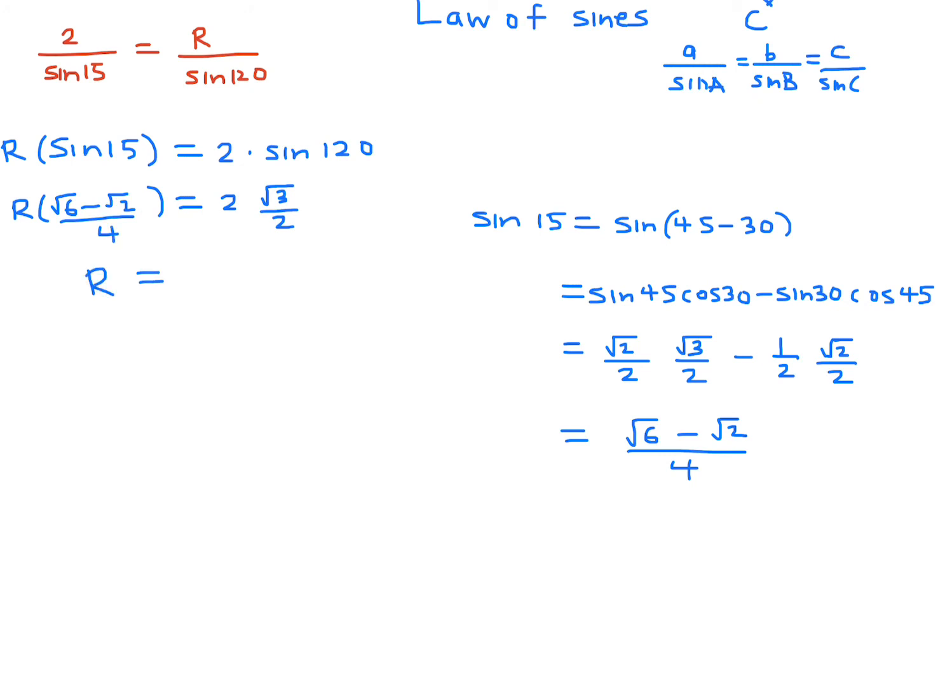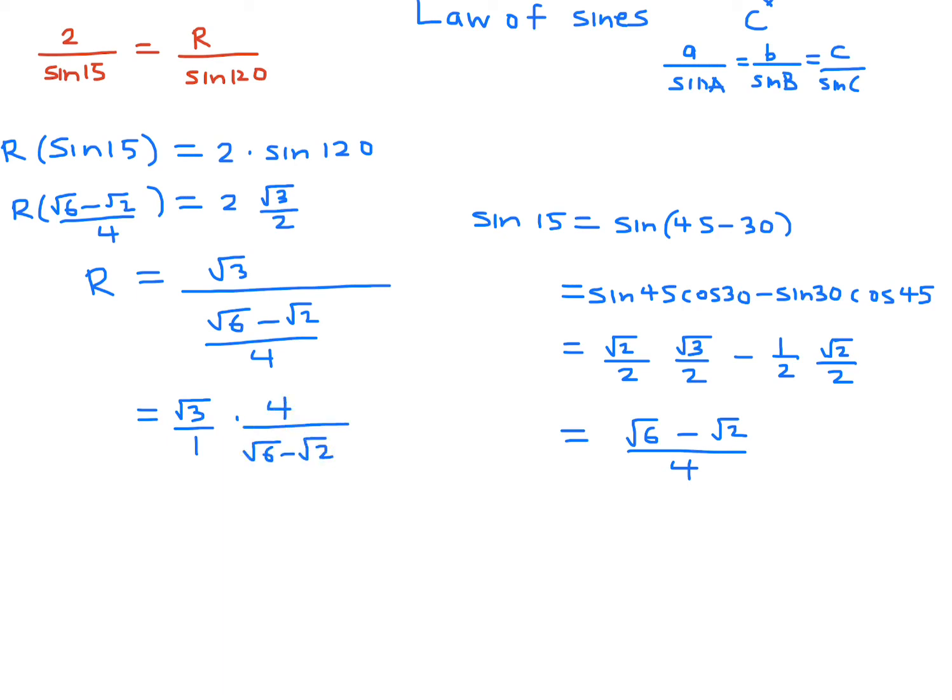That one looks like the root 3 just becomes by itself. And then unfortunately we got this root 6 minus root 2 over 4. Invert and multiply, and we'll get 4 over root 6 minus root 2.